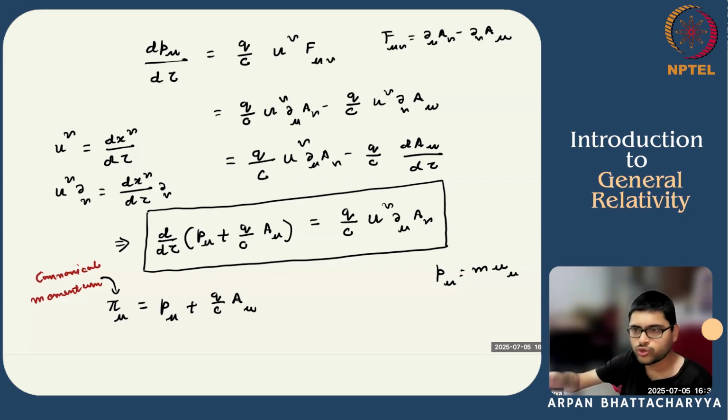And this is true not just for the electromagnetic field: as long as you have a velocity dependent potential, that is, the coupling of the field with the point particle involves the velocity of the point particle, and that equation is consistent with the underlying gauge symmetry, you will always have the rate of change of the total or the canonical momentum. We will see that this will be the case for gravity also in a subsequent lecture.